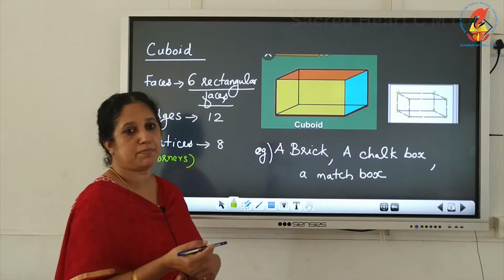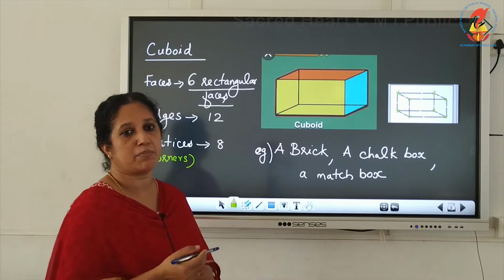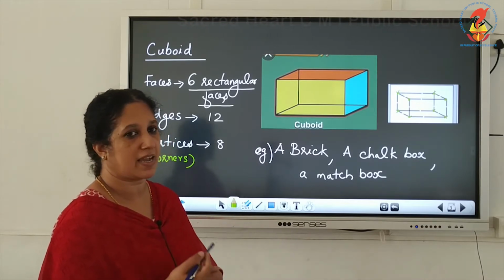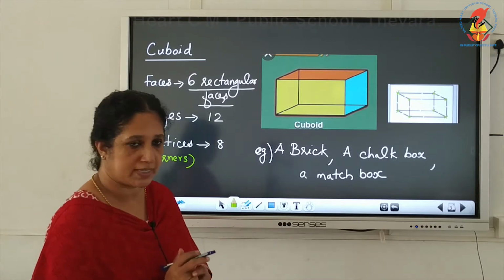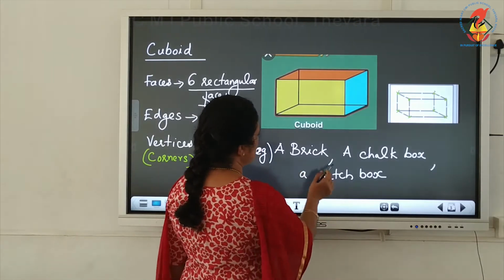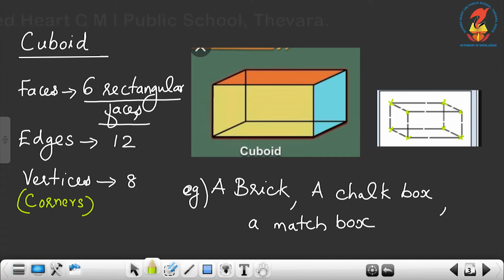So when a solid shape is given, we can find the number of faces, number of edges and the number of vertices. So you have to imagine the solid shape. Now the examples: you can see so many cuboid shapes in our surroundings, which is similar to a brick. So brick is in the shape of a cuboid, a chalk box, a matchbox, etc.